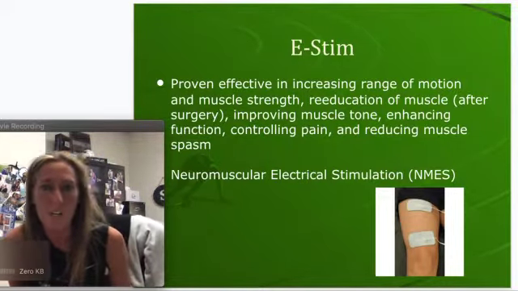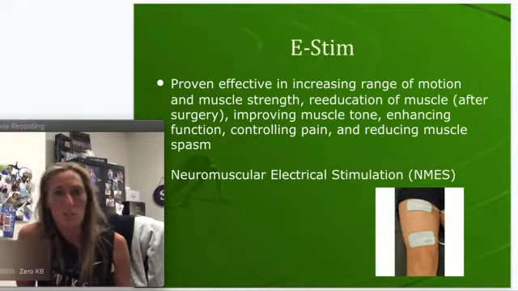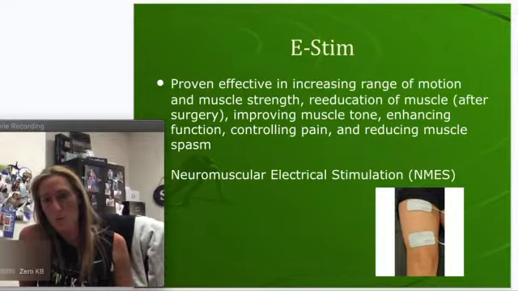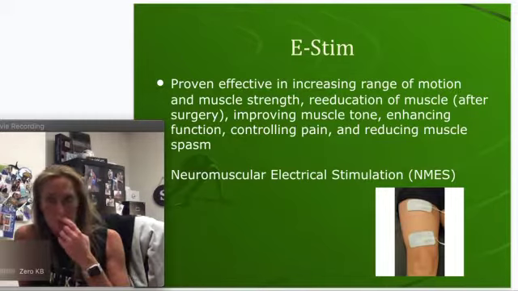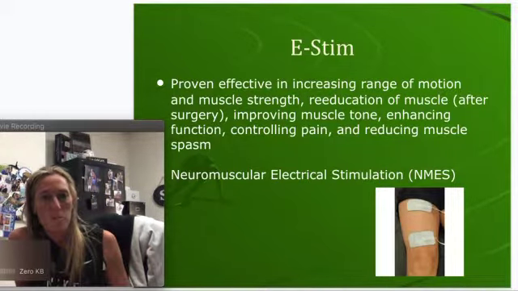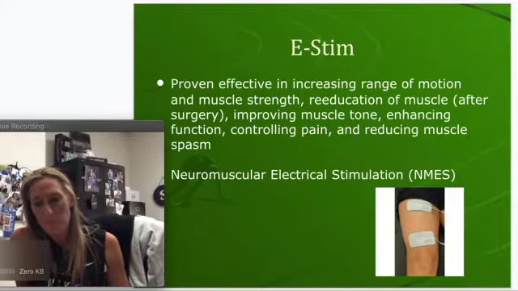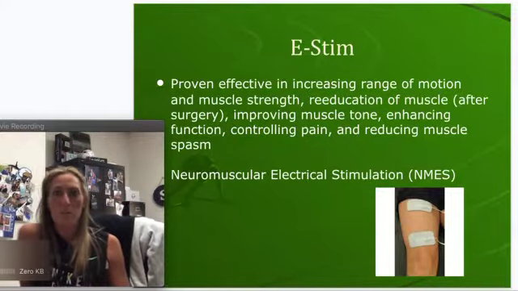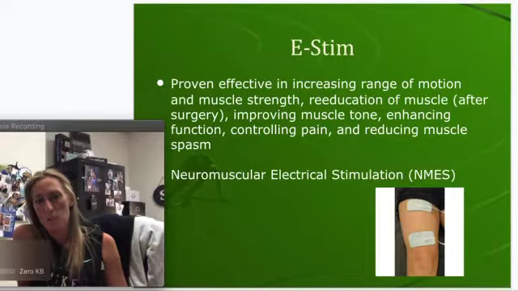The next thing we're talking about is neuromuscular electrical stimulation. So this is the re-educating of the muscle. After somebody goes through a surgery, something happens in just minutes or days after where the muscle stops working. It sometimes won't fire after a surgery. If you have a knee surgery, sometimes you aren't able to get the quad fired.